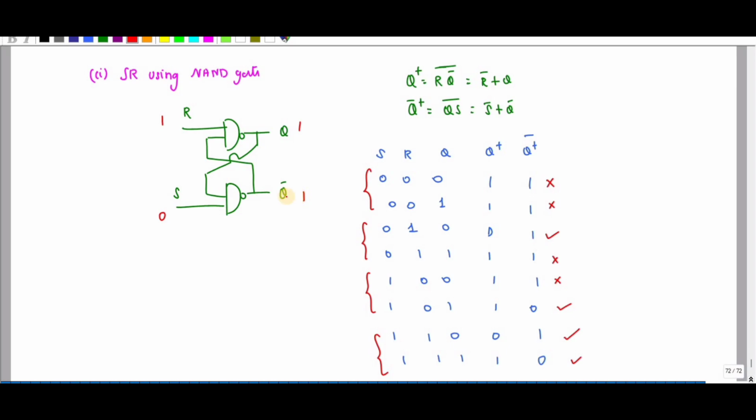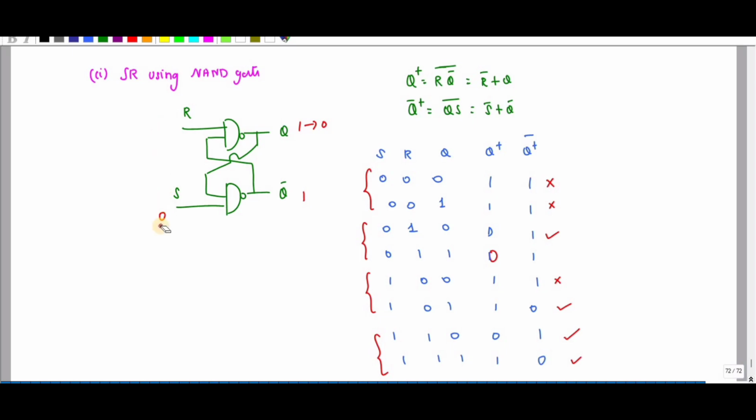Now 1 into 1, it will go to the next state as 0, right? So this 0 goes here, and 0 into 0 is 0, and the inverse of this is 1. So I am going to replace this 1 with 0. Now this is the condition I have taken.